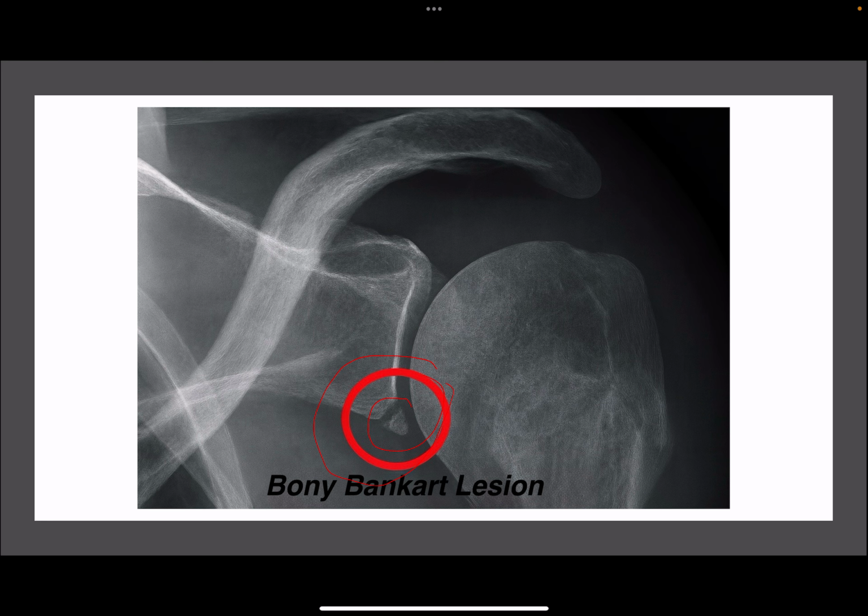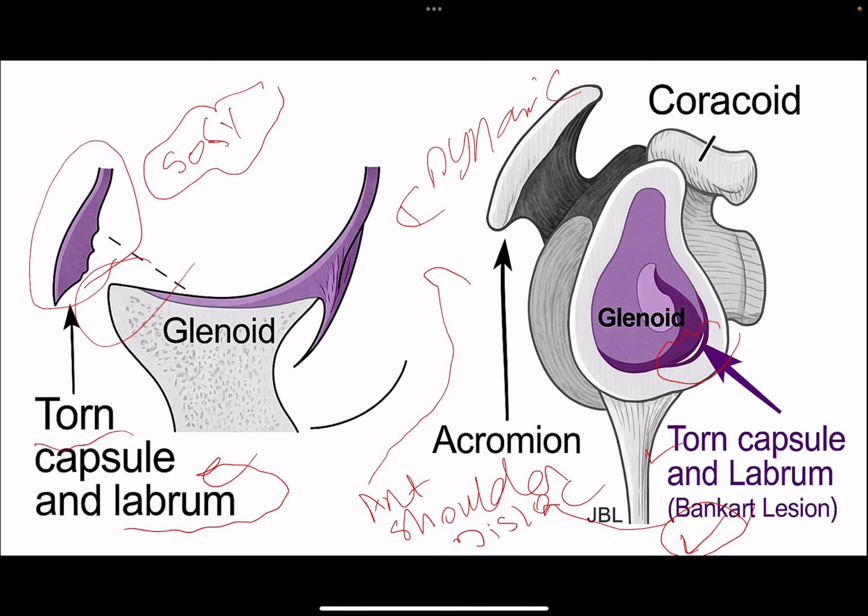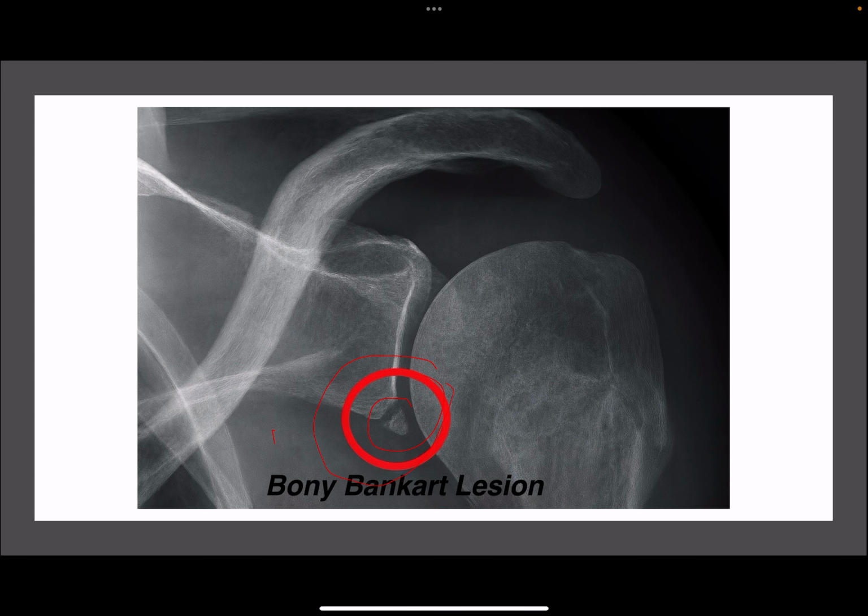So when there is detachment of the labrum itself and part of the capsule, we call it the soft type of Bankart lesion. When we add another bony detachment, we call it bony Bankart lesion.